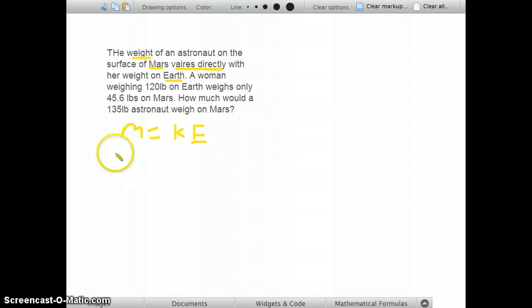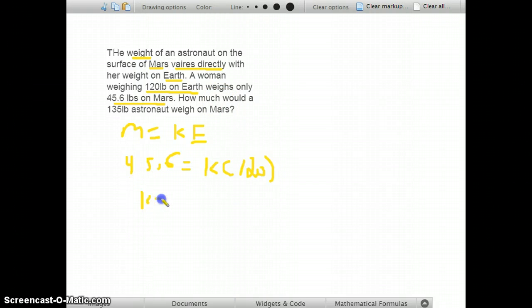And then we will get 45.6 pounds on Mars, plugged in here, equals k times 120. We got these numbers from the problem: 120 on Earth, 45.6 pounds on Mars. And then we're going to find the constant of the variation. If we find the constant of the variation, we'll be able to take that constant and use it in this problem to solve the question.